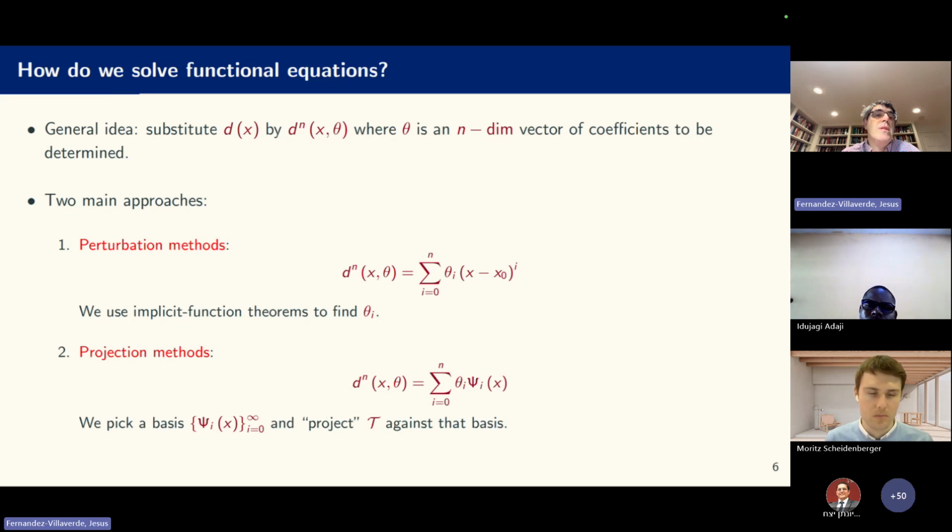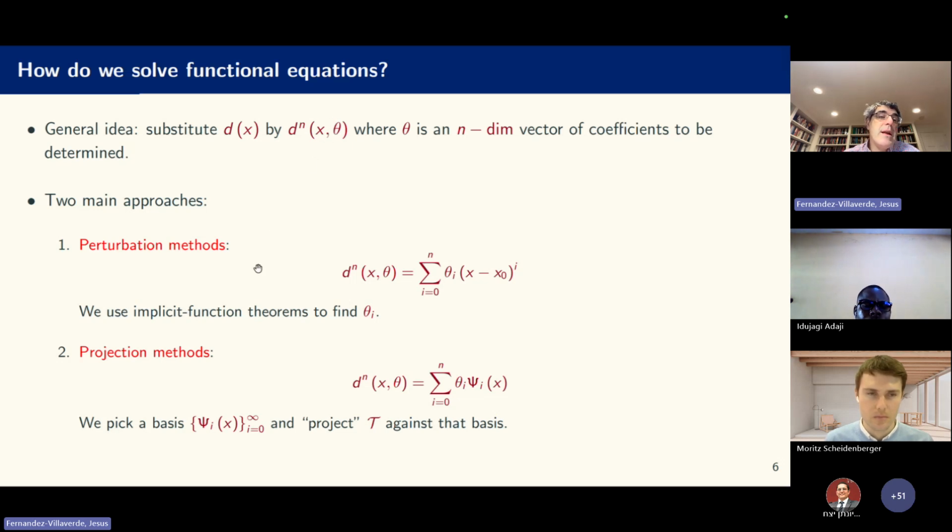And mathematicians will tell you that the general idea for solving functional equations is that we are going to substitute the unknown function d that we are looking for by a parameterized d_n of x, theta, where theta is going to be a vector with n entries of coefficients that we will need to determine. Okay? So the idea again is very simple. Instead of looking for a function d, which is very difficult to do, we are going to look for an approximation d_n that depends on some parameters or coefficients theta.